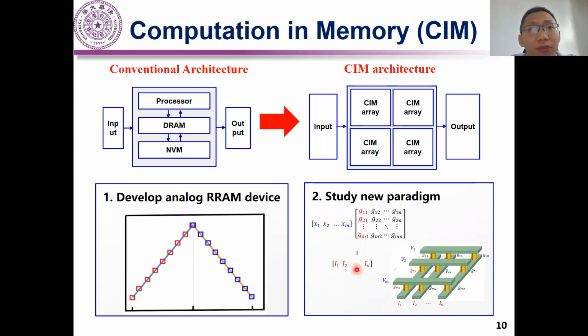Here, I need to emphasize that the analog switching behavior is important for CIM applications. Different from the traditional binary RRAM device, the analog RRAM has multiple stable states. We can tune the device conductance by applying different numbers of pulses.